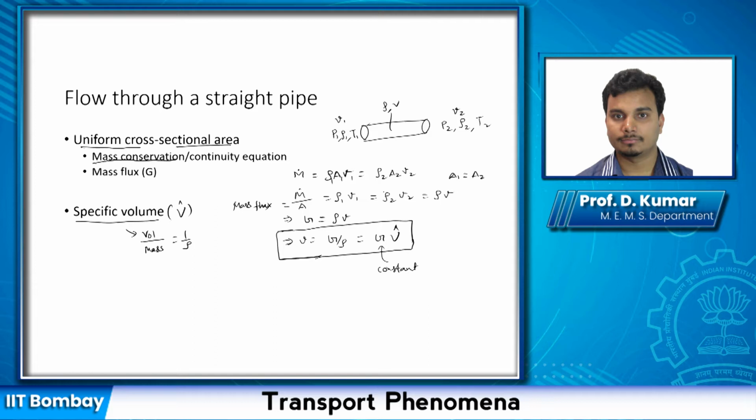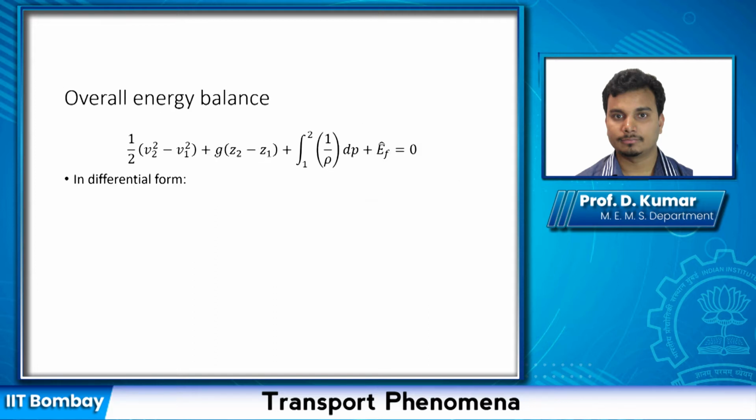Okay, so as usual, once we have done the continuity equation, we'll do the overall energy balance. If you recall, I've removed the shaft work here, but this is your kinetic energy term, this is your potential energy term, this is work by the flow, or by pressure, and then this is friction, work done per unit mass by friction.